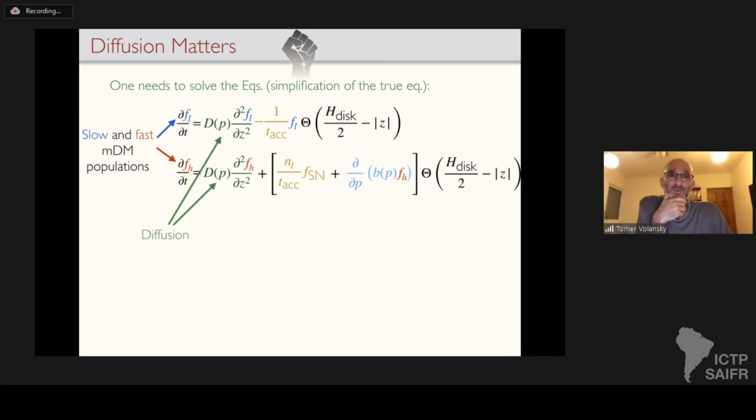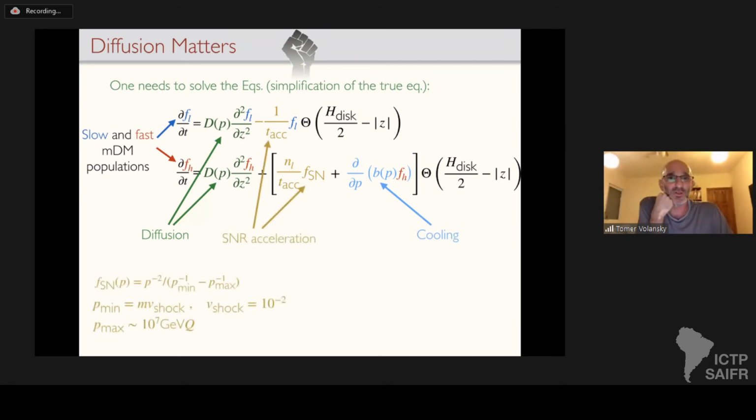And there's some diffusion, which depends on the rigidity and so on. And there's some cooling, which I mentioned before. Dark matter interacts with electrons. But then there are also these supernova remnants that can accelerate, they can inject some spectra into the fast moving component. And this can be worked out.